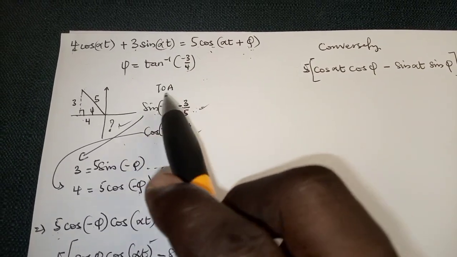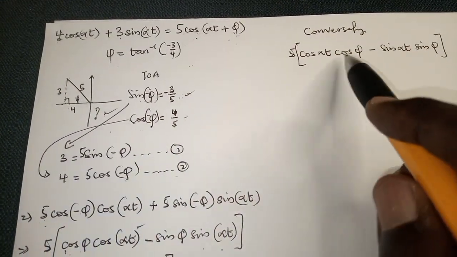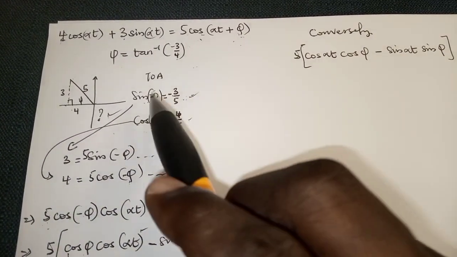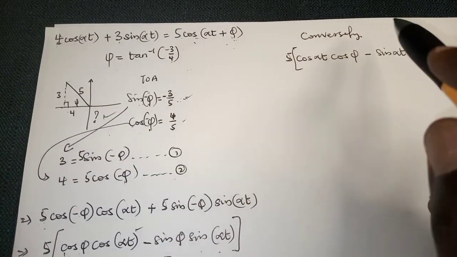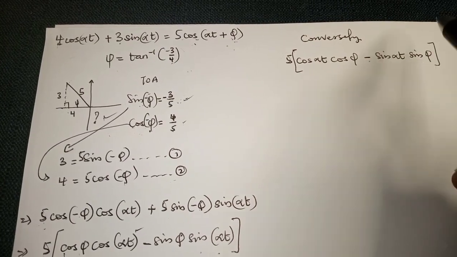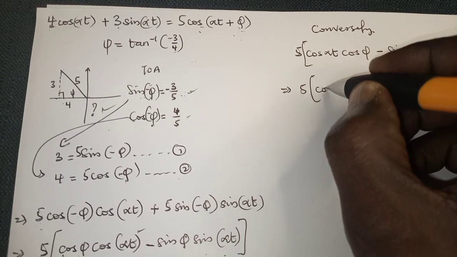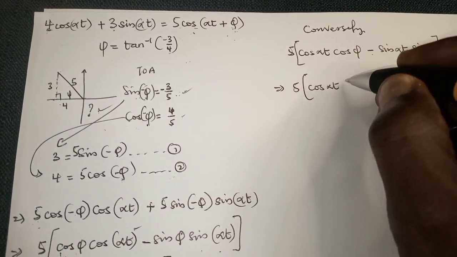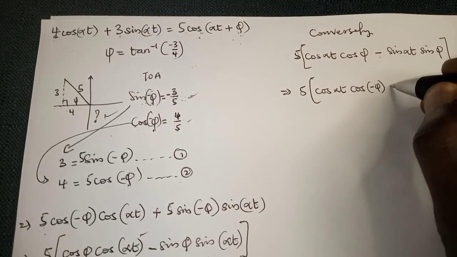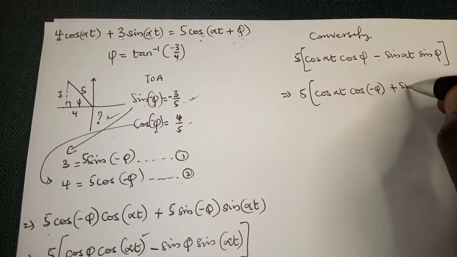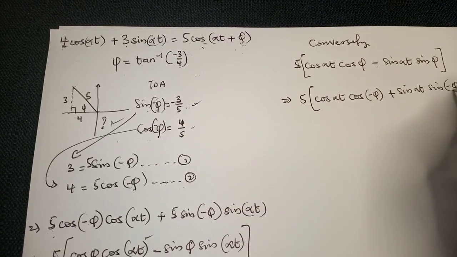We already know sine phi, but here the angle is negative, so we can substitute this back. We write 5 bracket open cos alpha t, cos of negative phi, minus becomes plus, sine alpha t, sine of negative phi.